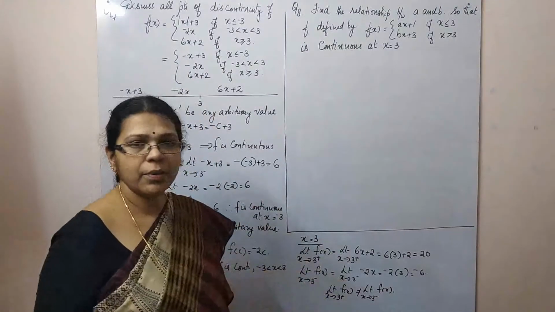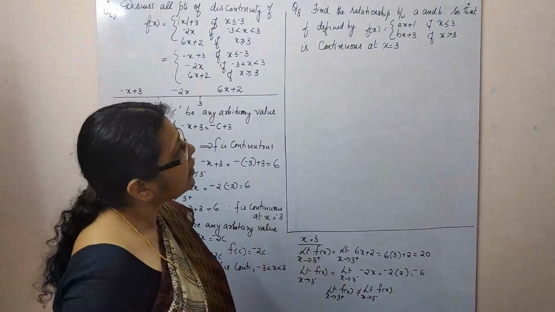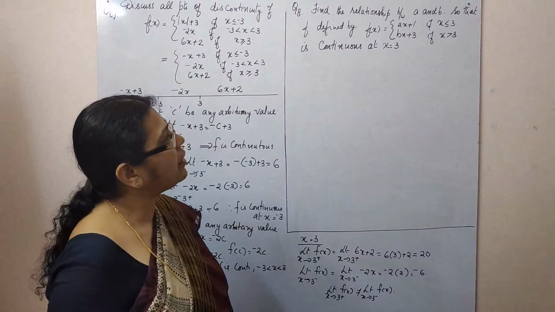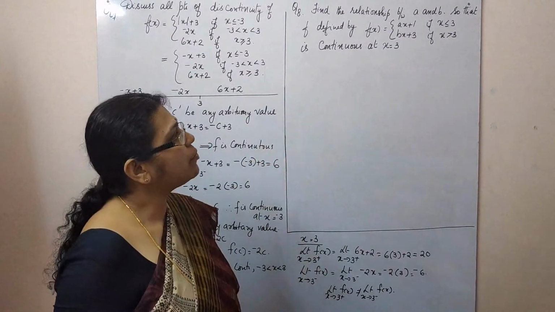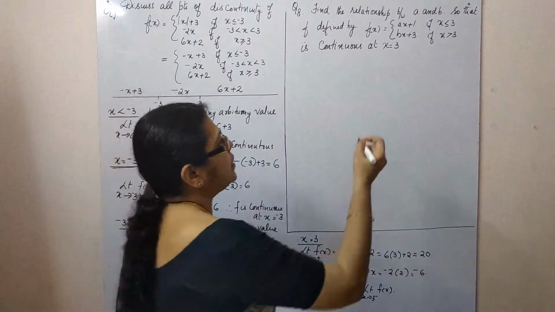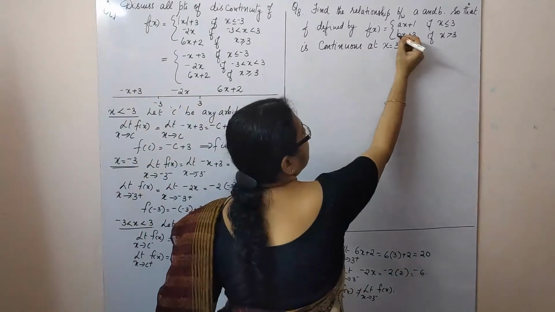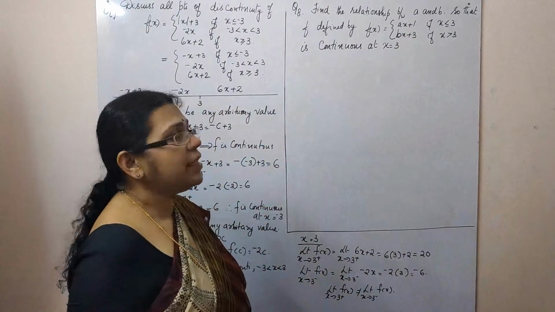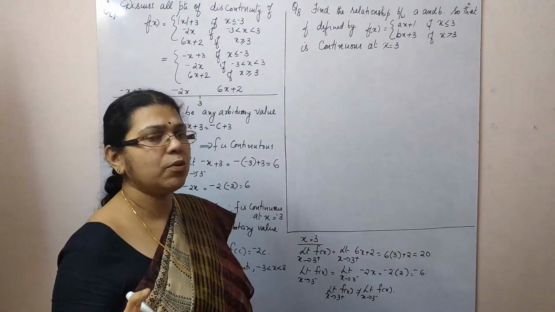Let us move on to question number 8. Find a relationship between a and b so that f defined by f of x is given by ax plus 1 if x is lesser than or equal to 3, bx plus c if x is greater than 3, is continuous at x is equal to 3. So what is given?